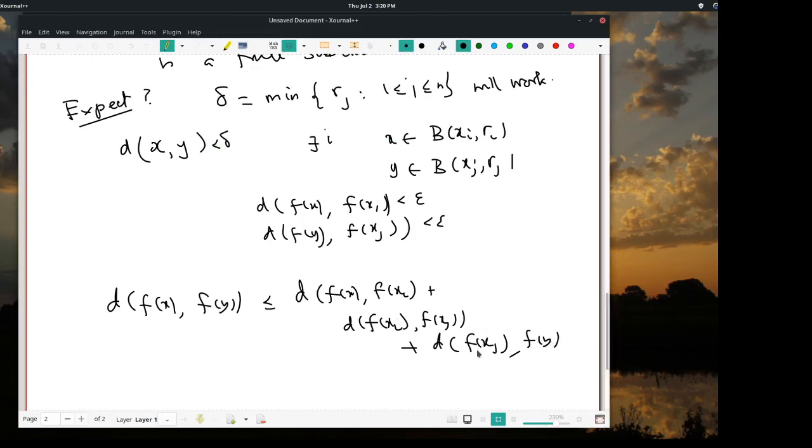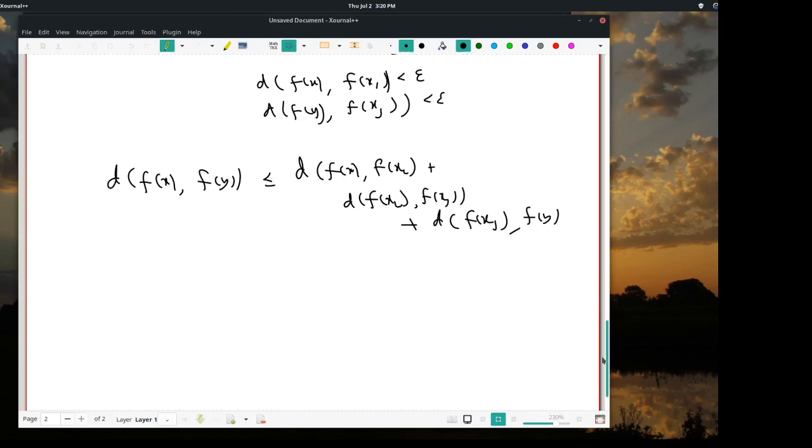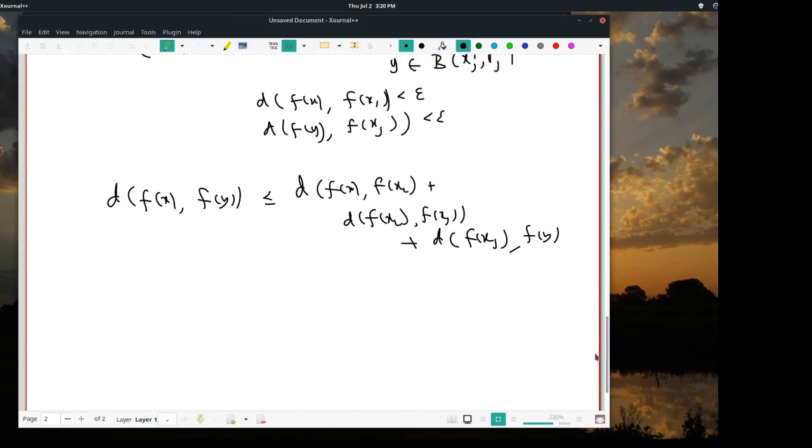So this will be less than epsilon, this will be less than epsilon, but I have no idea about this. xi and xj are two points. I have no idea how far apart they are or how close they are. No idea. So if I want epsilon, then I can make these epsilon by 2, epsilon by 2, if somehow I can get rid of this term, I'll be happy. You understand what I'm saying?